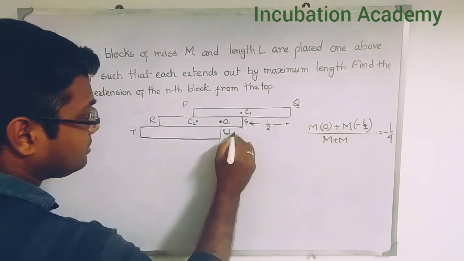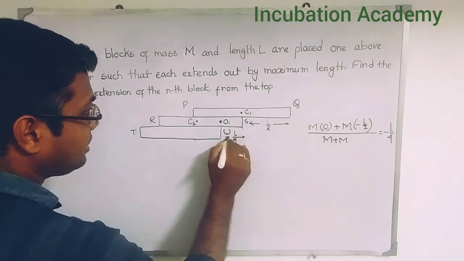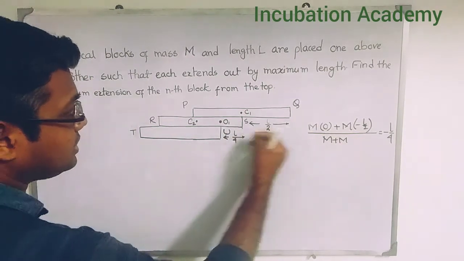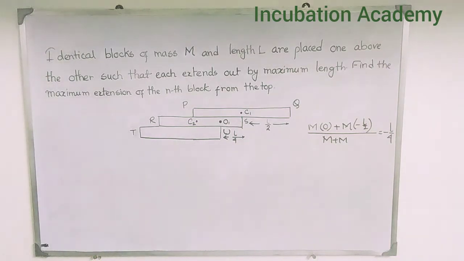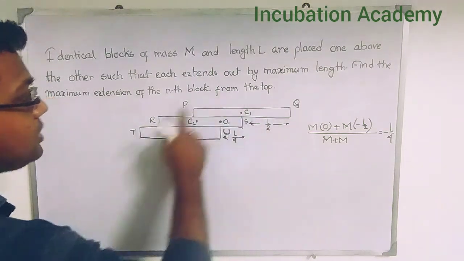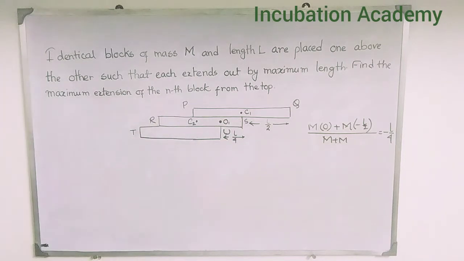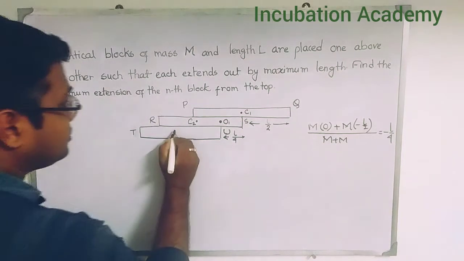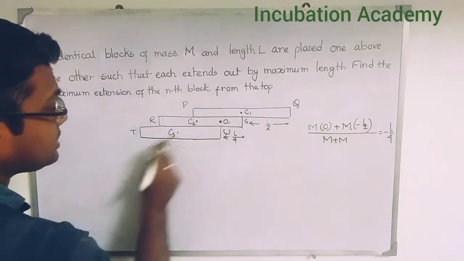In that case we can say this RS block can be extended outside by the length L by 4. Now we have to understand the center of mass of this combined block system, that is PQ, RS, TU. Again C3 is here, at a distance L by 2.